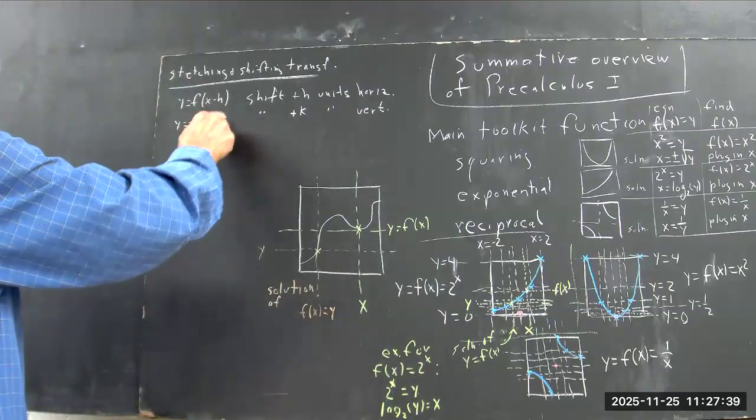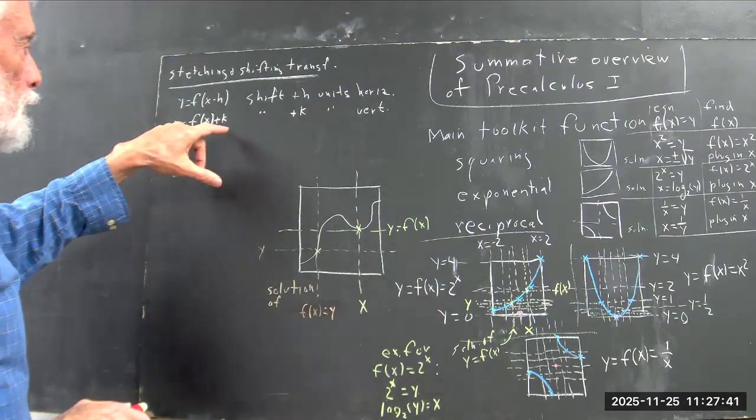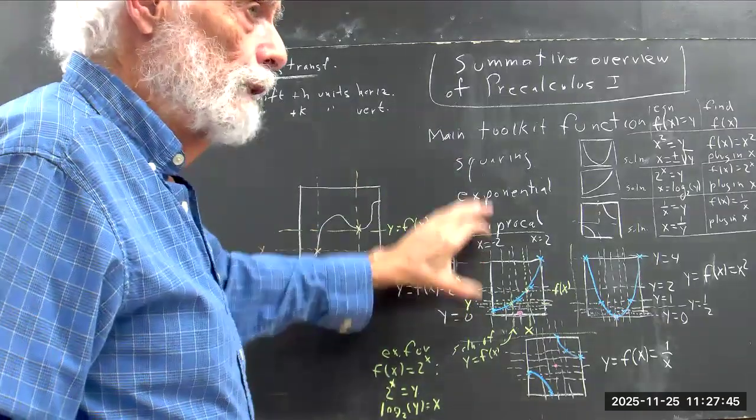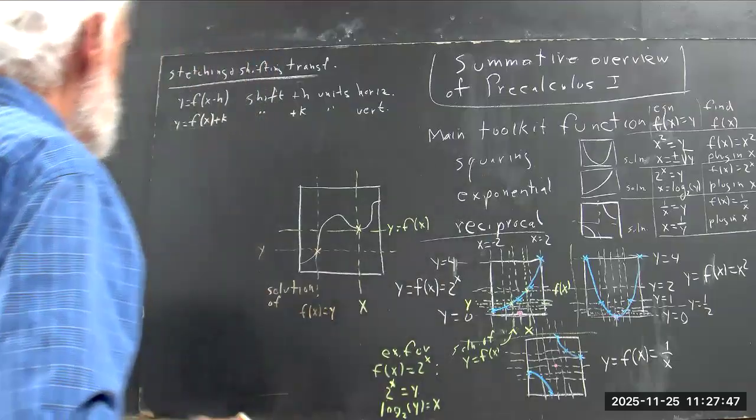If we have y equals f of x plus k, that takes the graph and shifts it k units in the vertical direction.